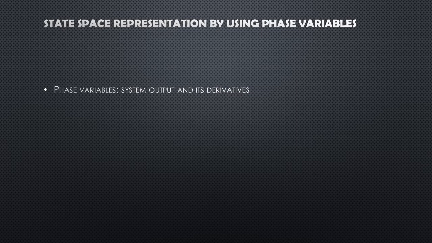We know that to construct the state model of a given system, we need the state variables. So when we consider the system output and its derivatives as state variables, then those state variables are known as the phase variables.